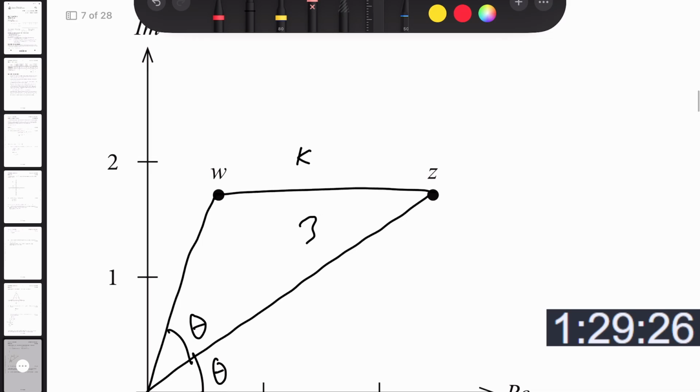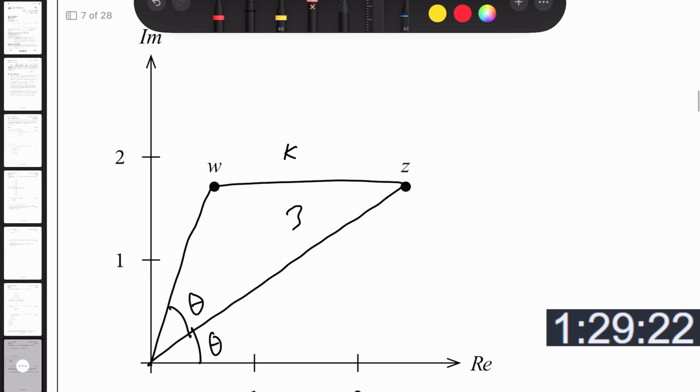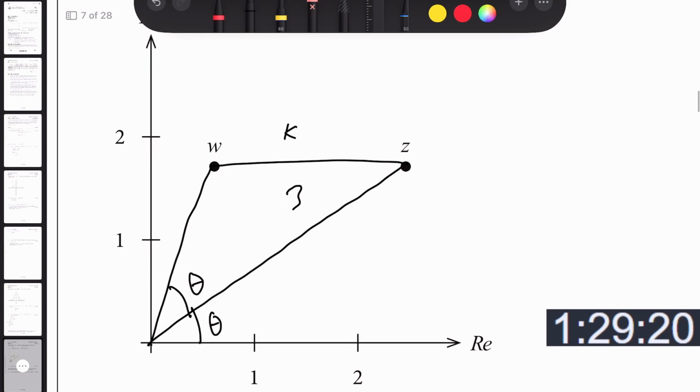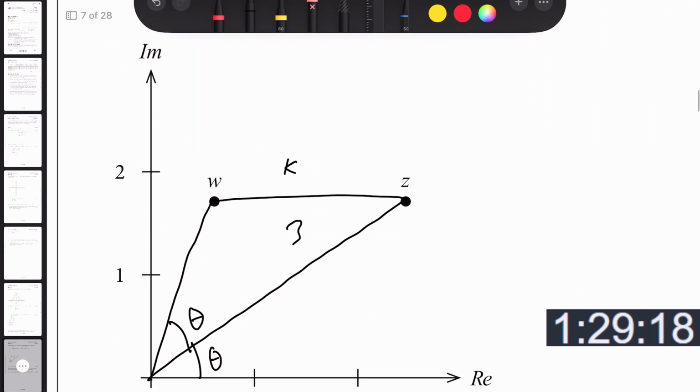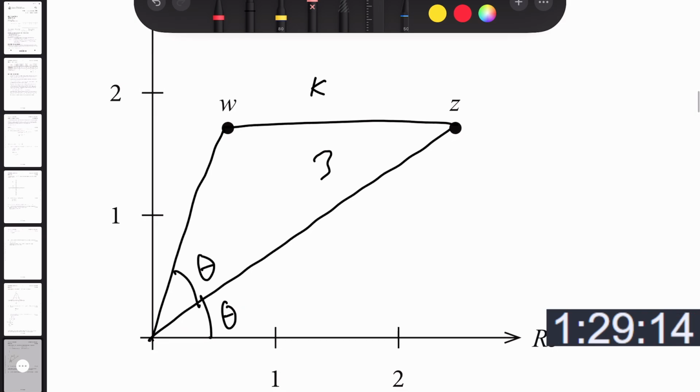So this here is k, because it's minus k. That's 3. And then since that's horizontal, this also must be theta. So this value here is 3.